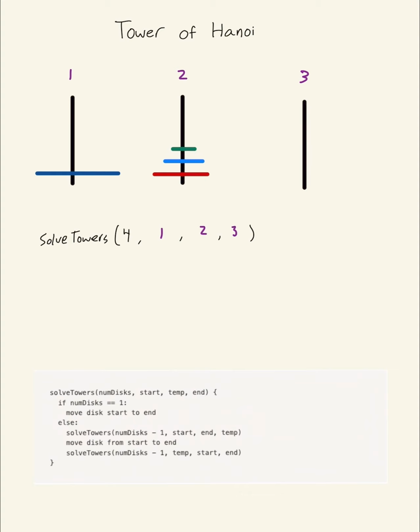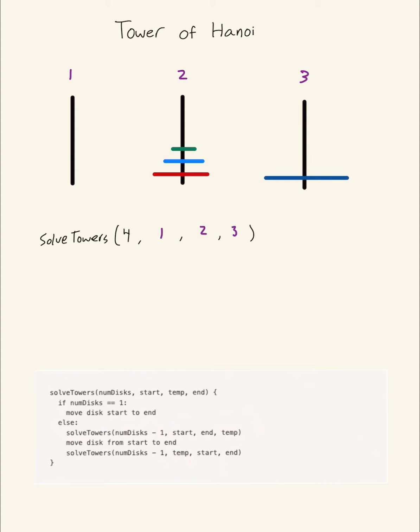And since that just finished, now solve towers 4 is going to be onto this step where we move from the start to the end. And now we have the problem of moving solve towers 3 from whatever solve towers 4 temporary is over to the end.